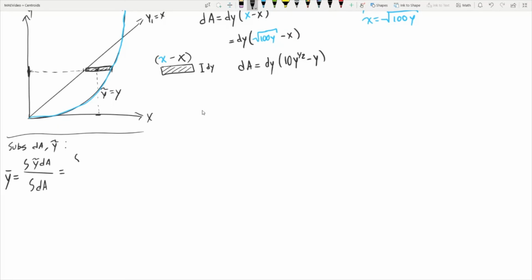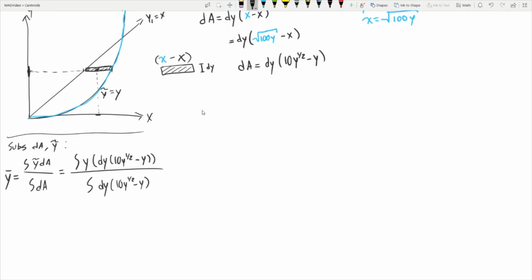We're going to have an integral of y times our dA, which is now dy, 10y to the 1/2 minus y, all over the integral of dy times 10y to the 1/2 minus y. Okay.